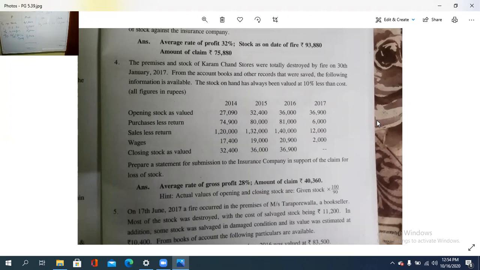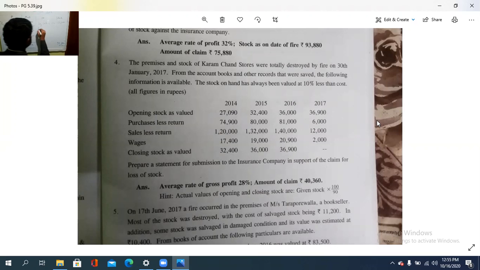So here, how much it is? 41,000 plus 6 plus 2 plus 3.36, 52,360, minus 12,000 is 40,360. See the answer.